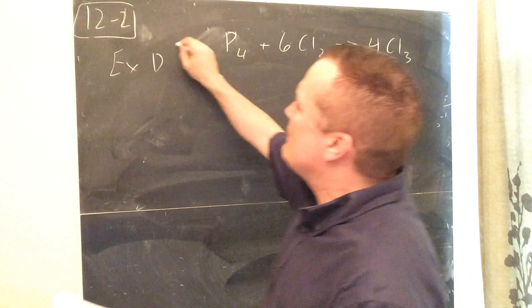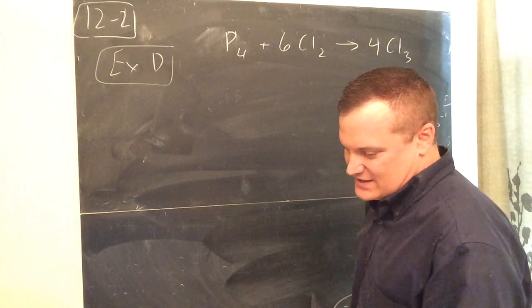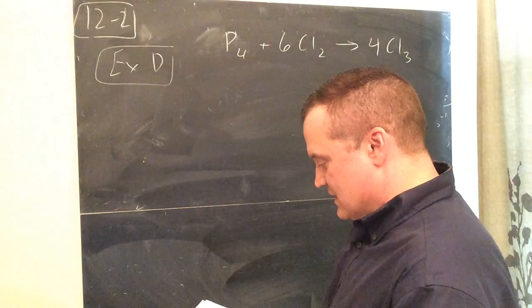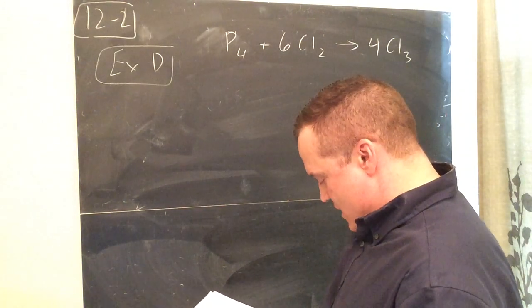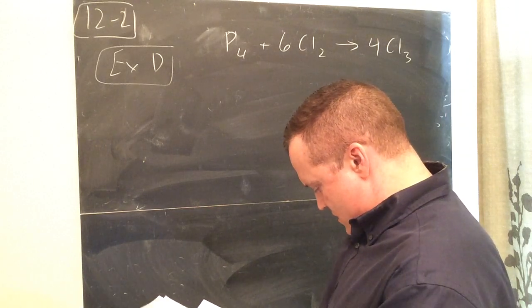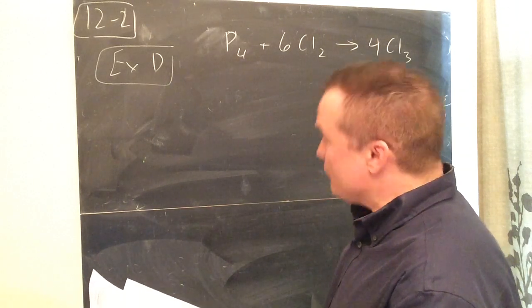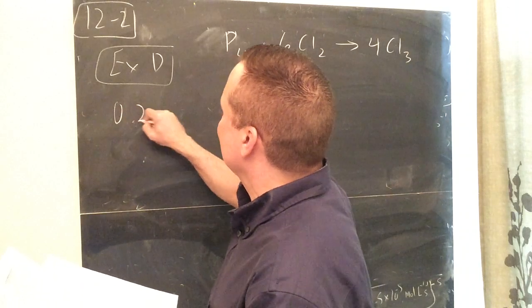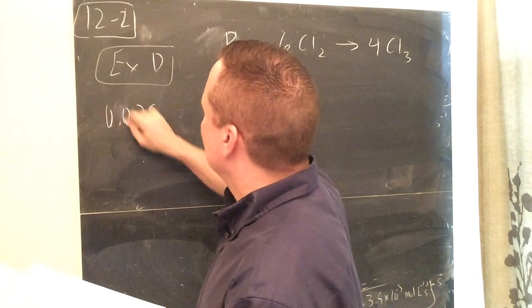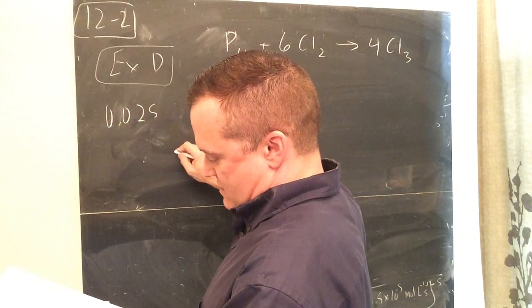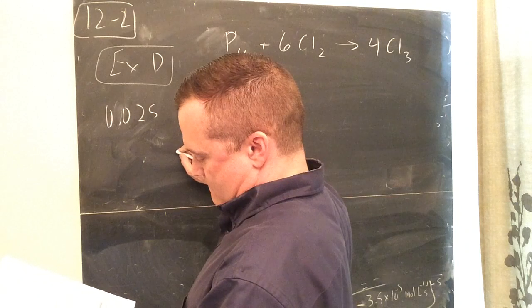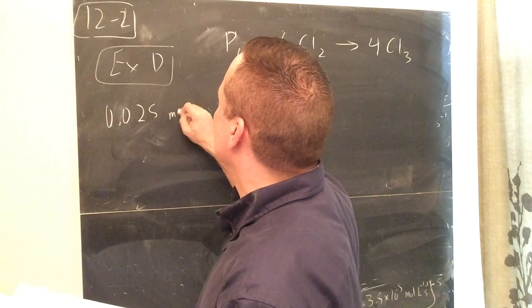All right, so it's kind of what I just did a moment ago, but I'll show you. It says, what is the rate of consumption of Cl2 relative to P4? All right, they said in the question that P4 reacts at 0.025 mole per liter per second.